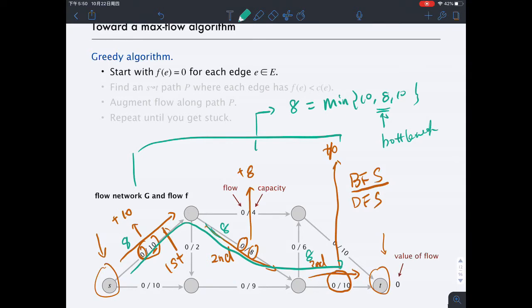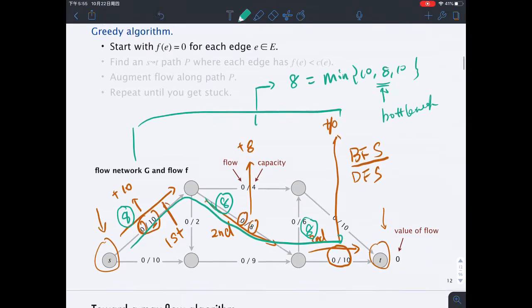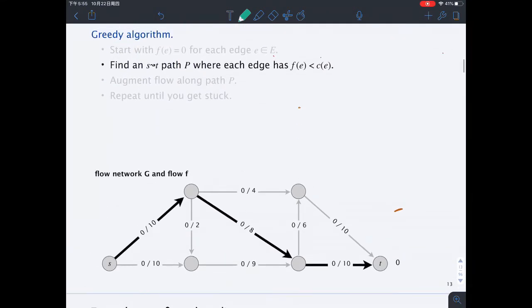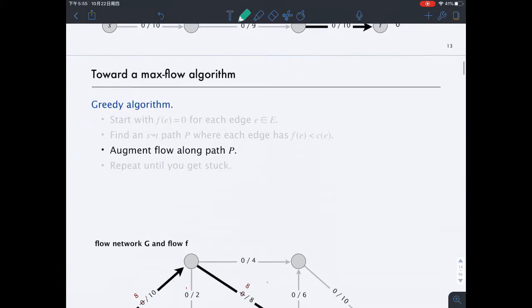So what we need to do next is really just update this network, to reflect that we are going to send 8 units of flow over this path we chose, right? So basically, this goes to the graph that's visualized here.